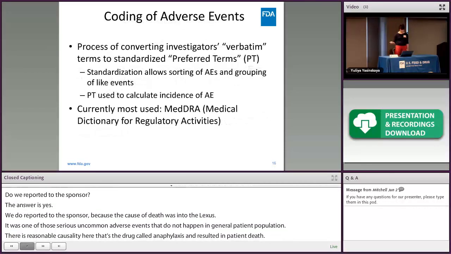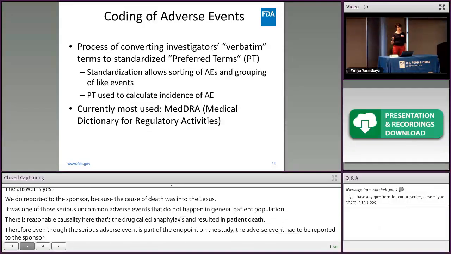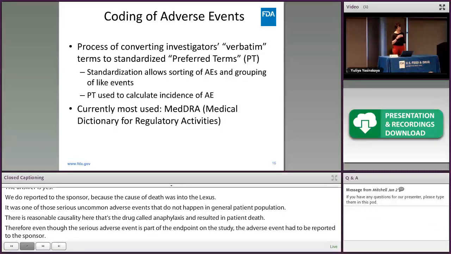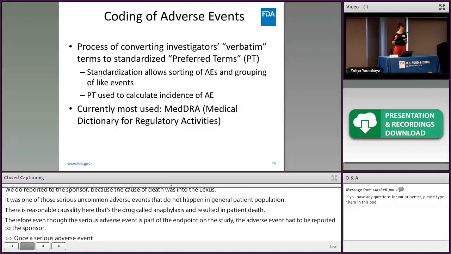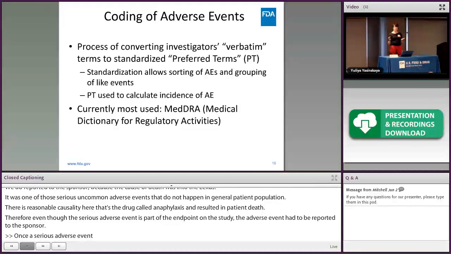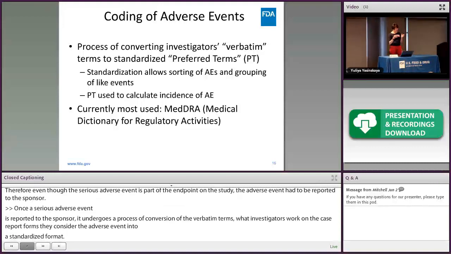So once a serious adverse event is reported to the sponsor, or any adverse event for that matter, it undergoes a process of conversion of the verbatim terms, what the investigator wrote on the case report forms that they considered the adverse event, into a standardized format, a standardized preferred term that will allow you, the sponsor, or us as regulators to group like events together and ascertain the incidence of the adverse events on the study.